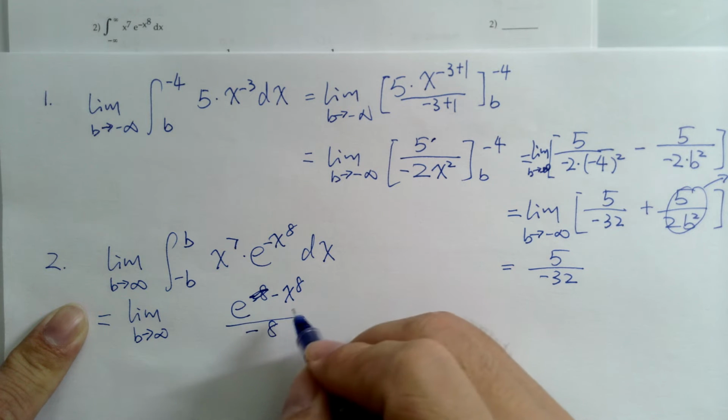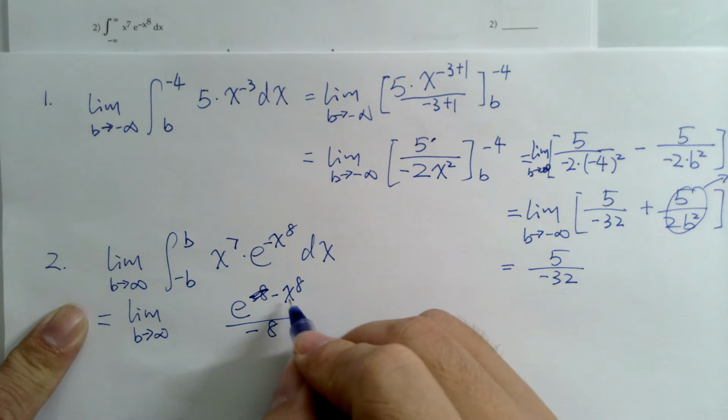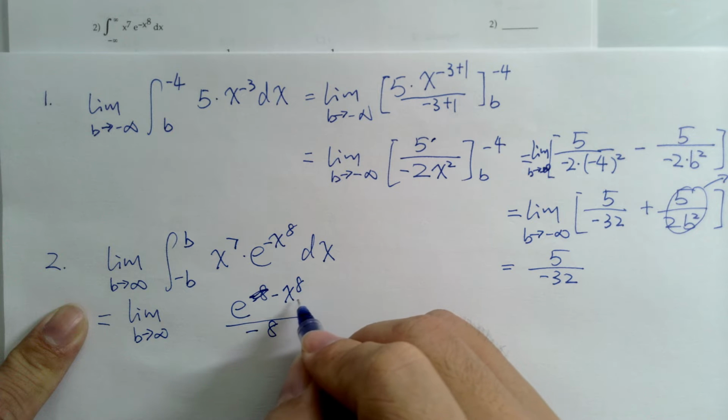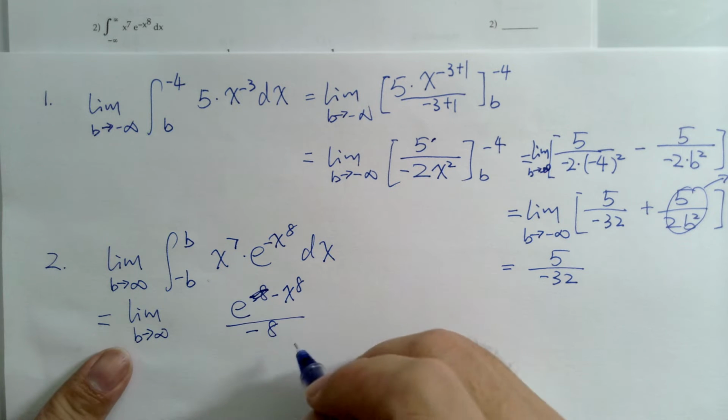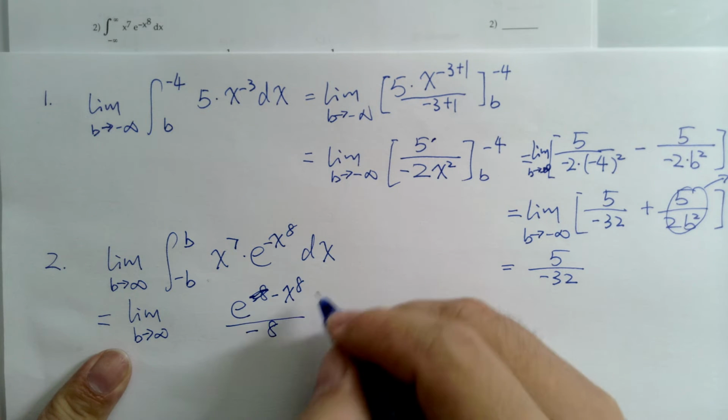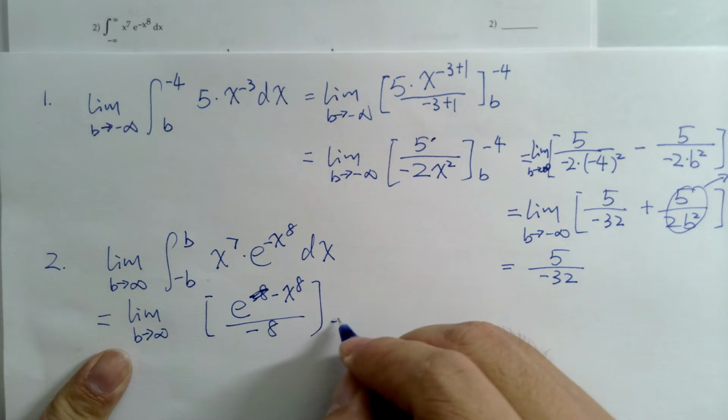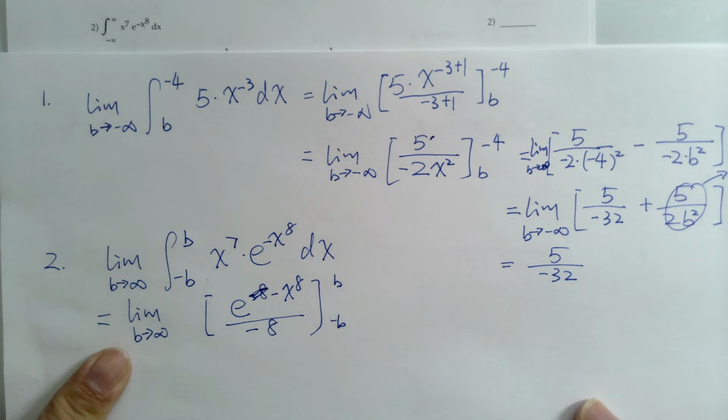Because if you take the derivative of this, it's going to be the derivative of this one, and then times the derivative of this part. That's going to give you negative 8x to the power 7. Well, we only have x to the power 7 here, so we need to divide by negative 8. And then from negative b to b.